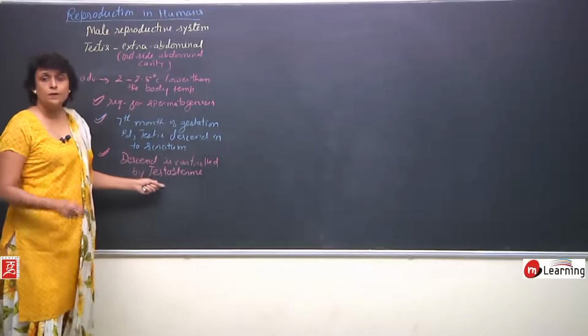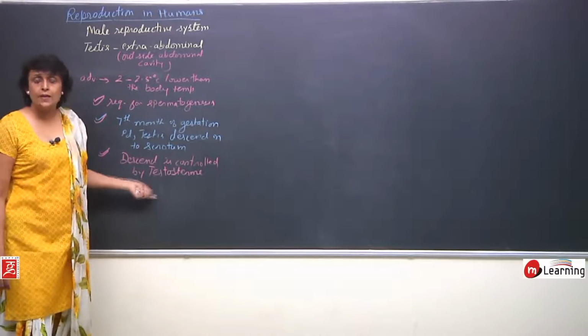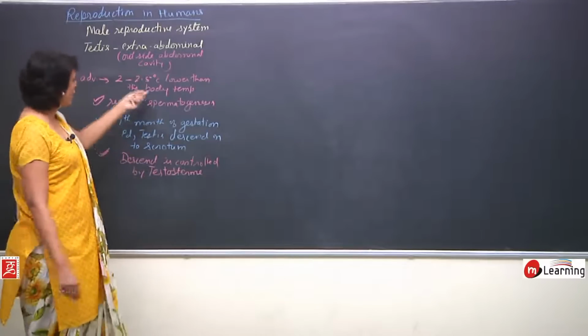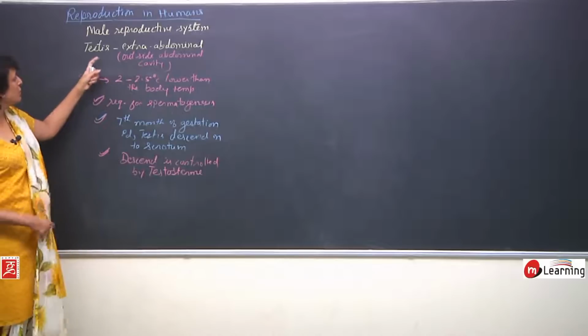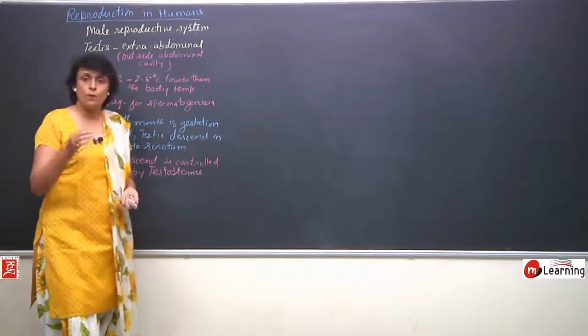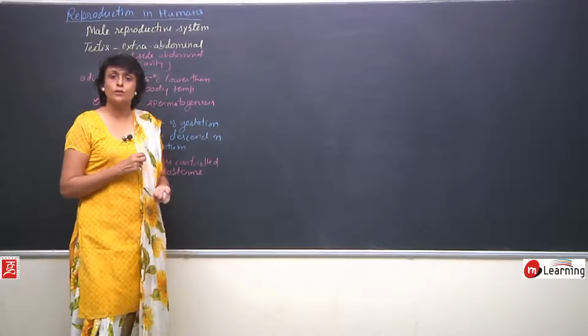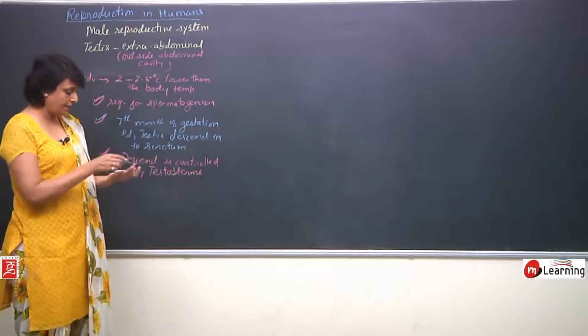So, if by any chance testes fail to descend, spermatogenesis will not take place because of higher temperature. So, this is important in terms of the testis, its formation and its descent. There is an important reason why they should be outside the abdominal cavity.